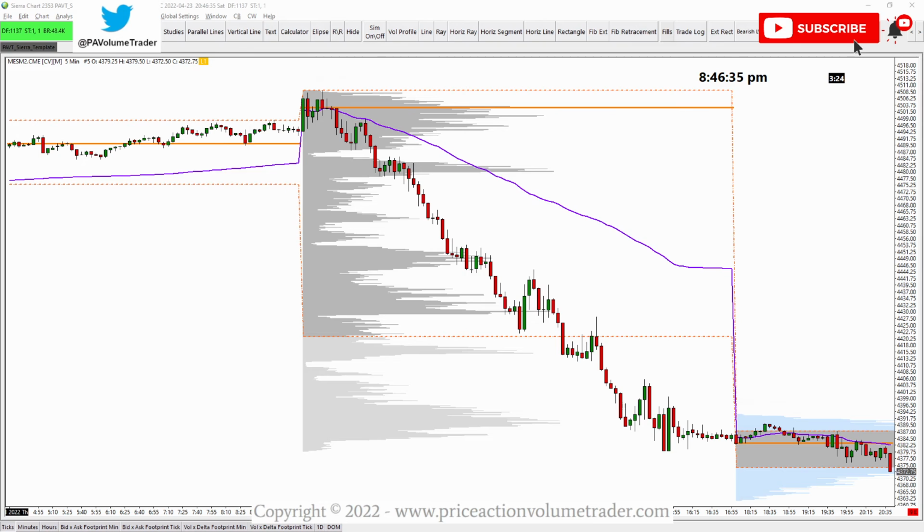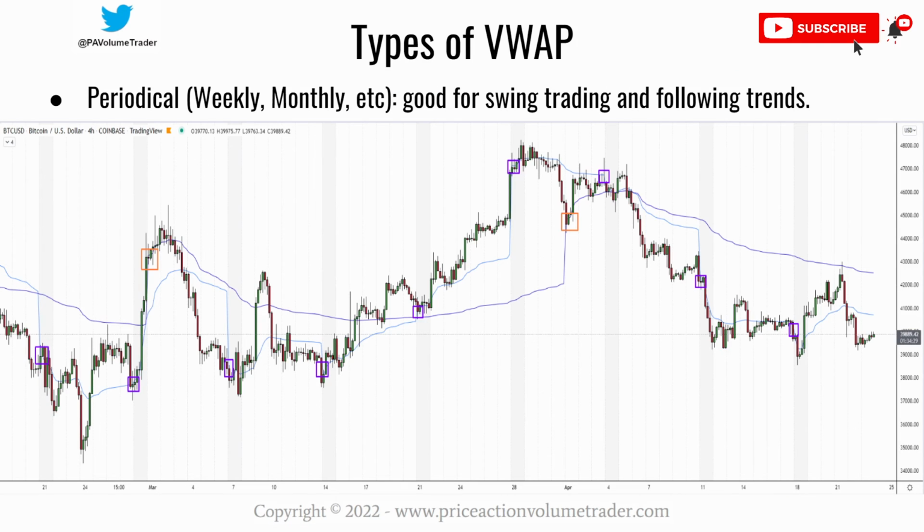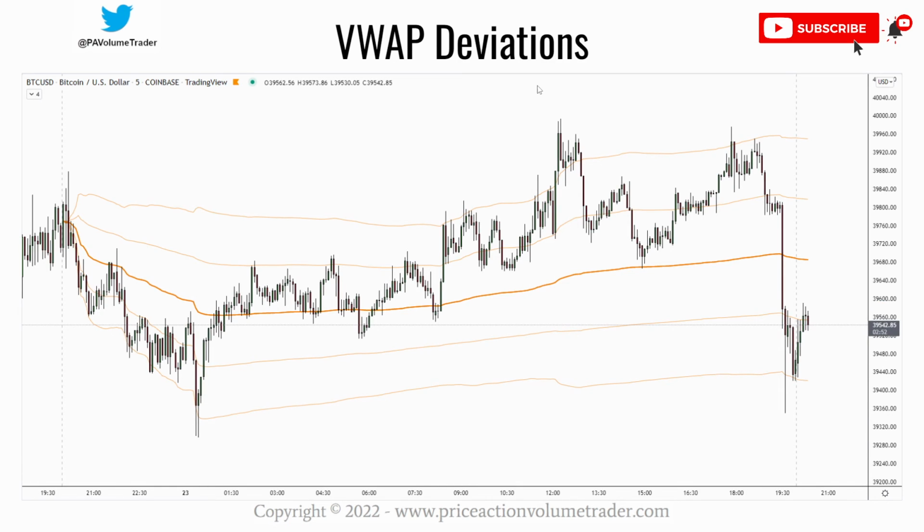And so now let's finish off with just mentioning VWAP deviations. So just for example, like people use Bollinger Bands to see where price might be overbought or oversold, and we might expect a mean reversion into the mean. You can use VWAP deviations in this similar fashion, where you can have your main VWAP, in this case the big orange line, and then you have 1 and 2 standard deviations.